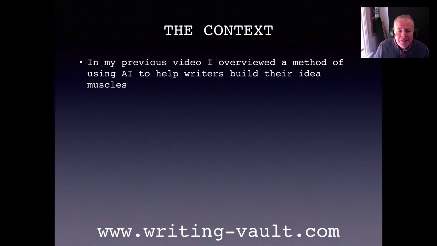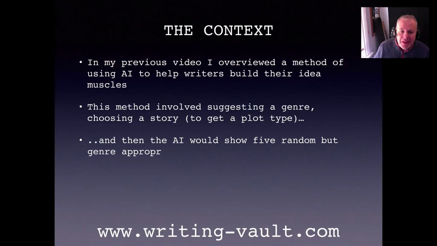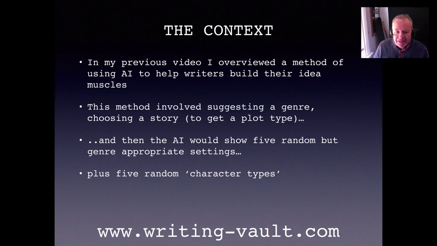So in my previous video, I overviewed a method of using AI to help writers build their idea muscles, and that video was based on something that Brandon Sanderson workshopped in one of his early BYU lectures, his 2013 lecture. This method involved suggesting a genre to the AI, choosing a story like The Sixth Sense and saying what kind of plot type is that, and then the AI would show 5 random but genre appropriate settings plus 5 random character types.